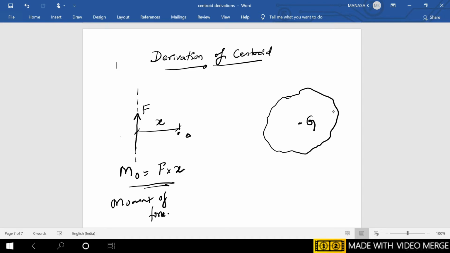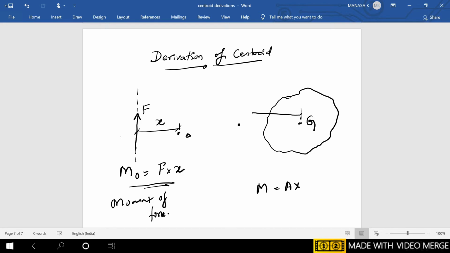So now I have got a single point from where I can refer the perpendicular distance. So this area is having a single point where the entire mass of the area is concentrated, that is G, for which I have to find out the moment. That is, the moment of the area is nothing but area into perpendicular distance. Now the perpendicular distance is from this particular point till the point where you are considering.